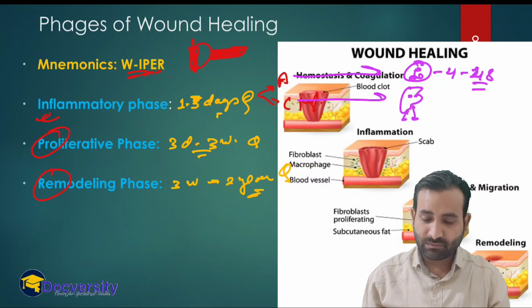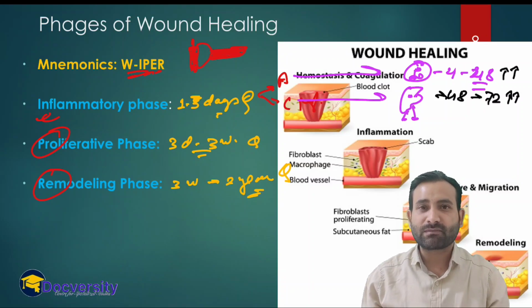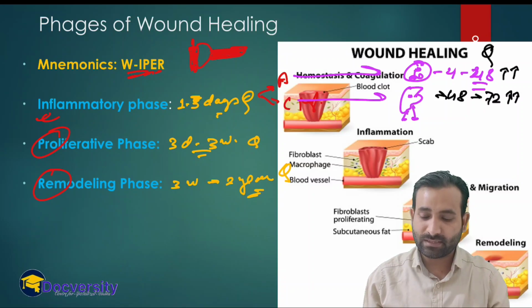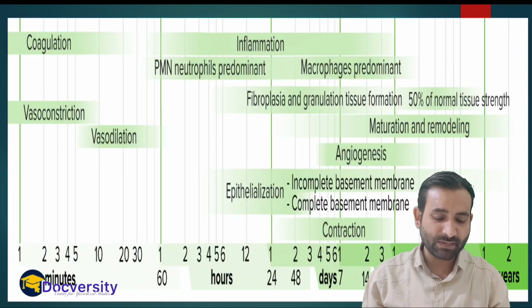They begin to be recruited from 48 hours and become maximum at 72 hours. This is also a question in the exam, right? The proliferative phase and remodeling phase we'll discuss later.